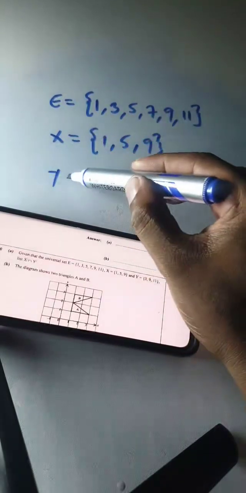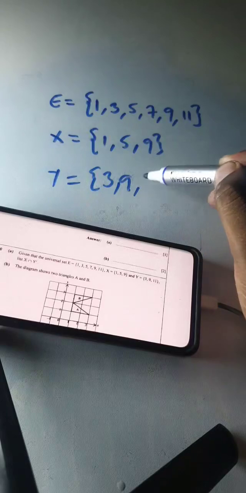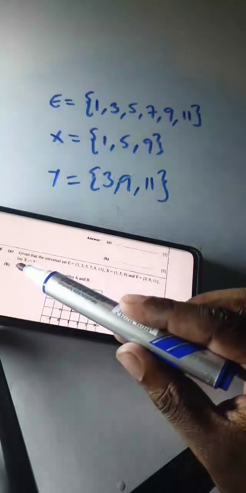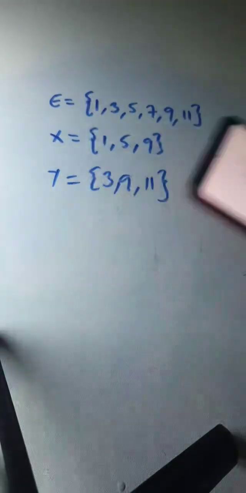Then y is equal to 3, 9, 11. So now they are saying we should list x intersect y complement.